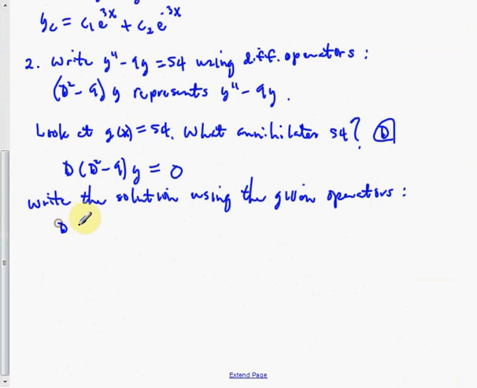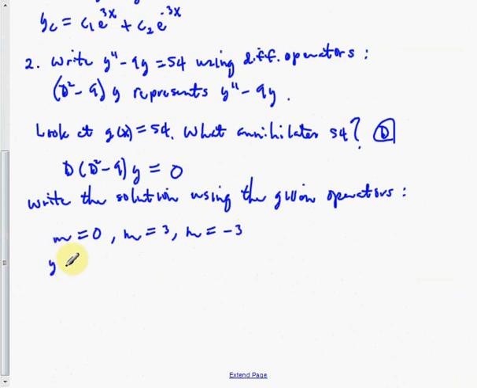That means that here I get D equal to 0, D is equal to 3, and D is equal to negative 3. And probably better notation is little m for the auxiliary equation. So m is equal to 0, m is equal to 3, and m is equal to negative 3.